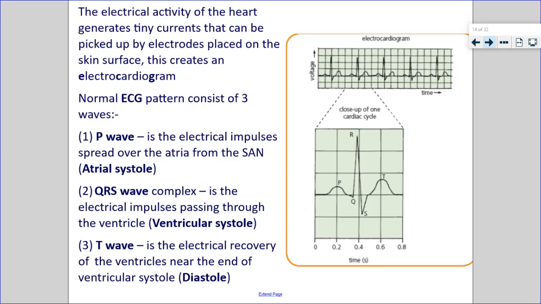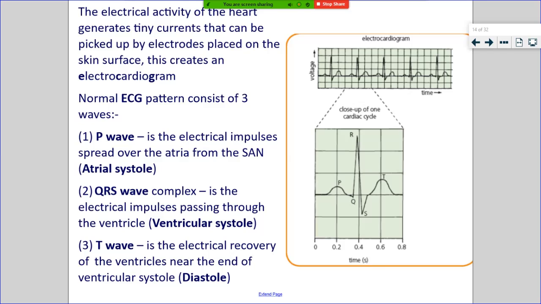So the normal ECG of a normal cardiac cycle shows the PQRST wave. The P wave, this initial bit here at 0.2 seconds, is the electrical impulses as they spread through the atria, and that's what causes atrial systole.